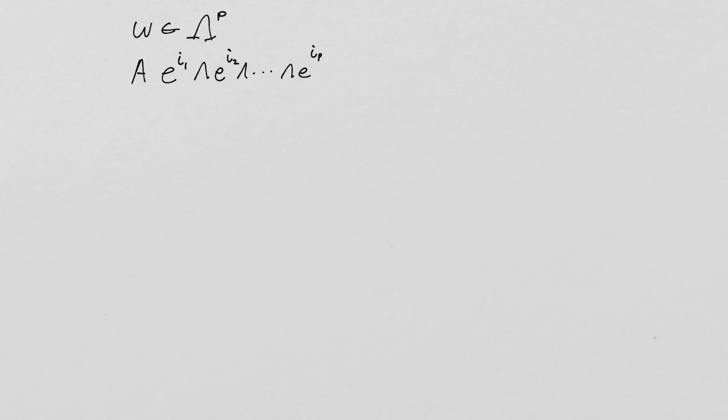So there's p unit vectors wedged together in some order. And this is a simple p-form. This is one term, right? Notice I'm not summing over these i's, right? I'm not summing over these i's. It's just a simple constant times this thing.